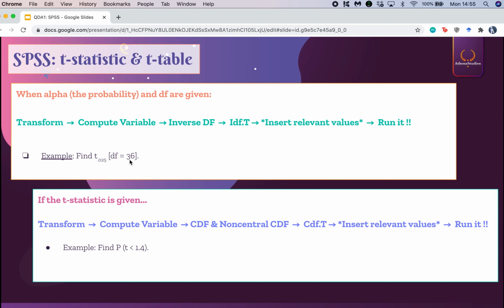So at what place in the t distribution is there a probability to the right of that t-score that is 0.025, given degrees of freedom equal to 36 in this example. The process of computing the variable is very similar to how you would normally do it with probabilities given z-scores, just the settings are slightly different. As you can see here, instead of IDF.normal, we have to use IDF.t because this is with a t statistic. So let's try to do this in SPSS.